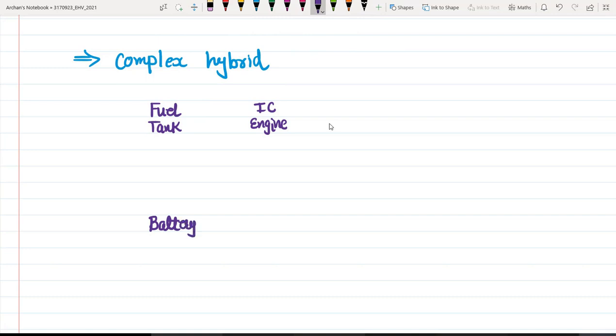This is battery, then there is power converter, then electric motor. So this is another powertrain.